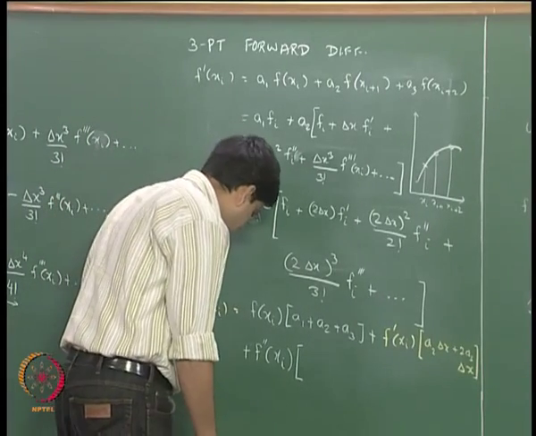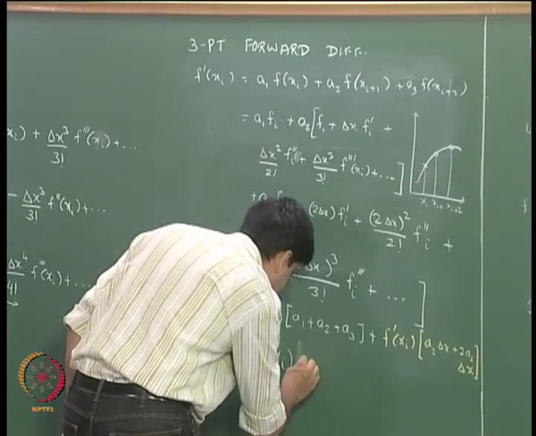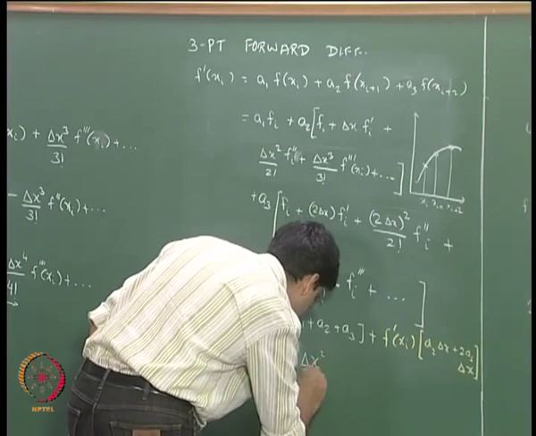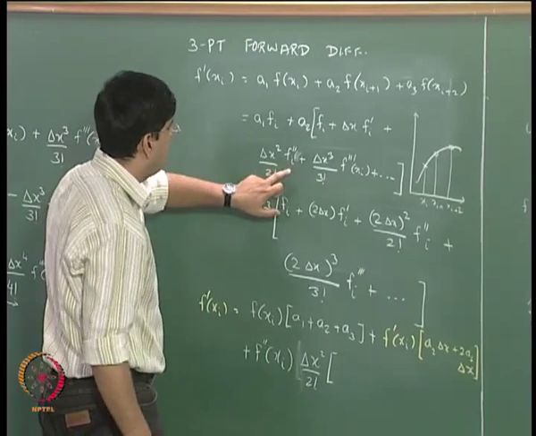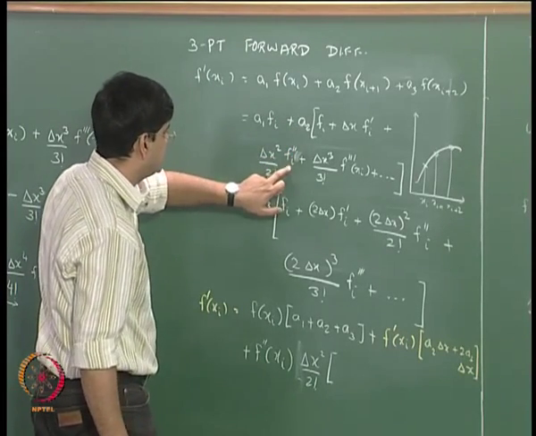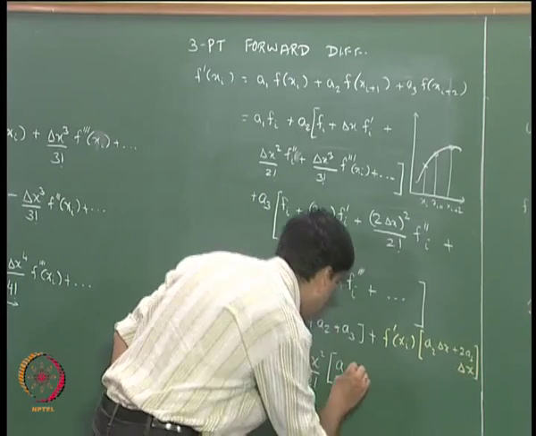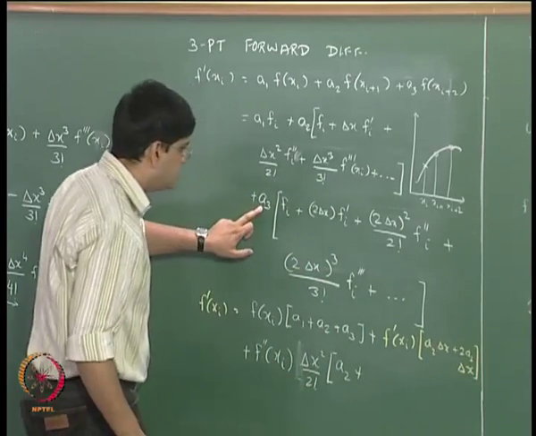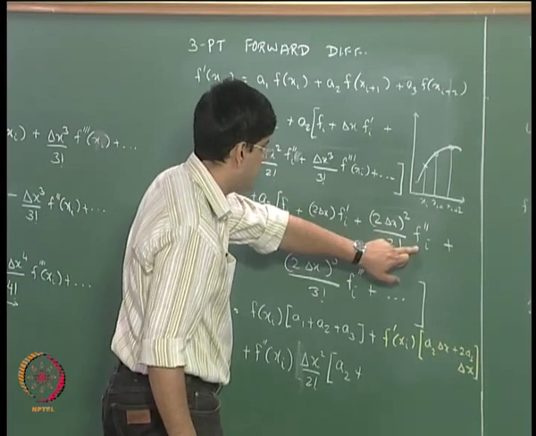I will take delta x squared by 2 factorial outside the bracket. Okay. So we will have a2 multiplied by delta x square f double dash by 2 factorial, so that multiplied by a2 plus a3 multiplied by 4 delta x squared by 2 factorial multiplied by f double dash.